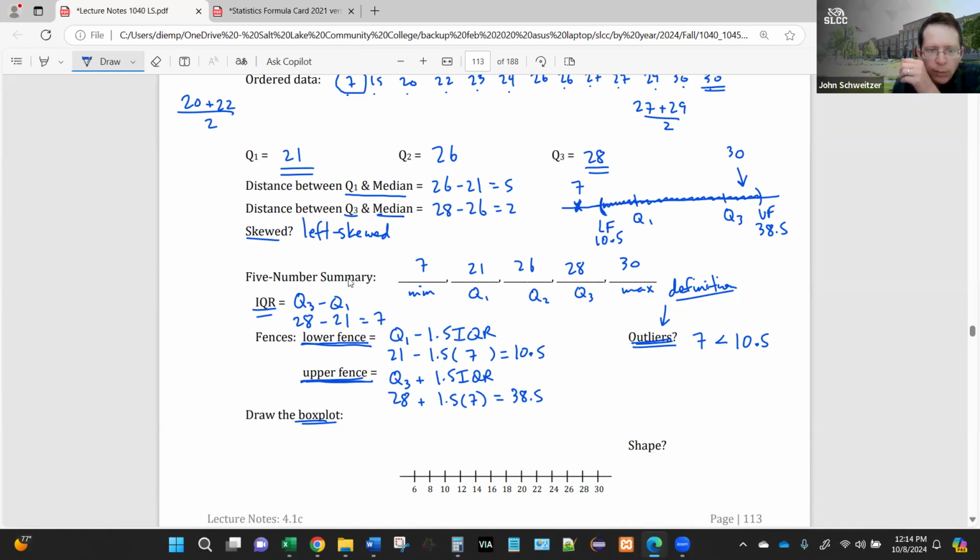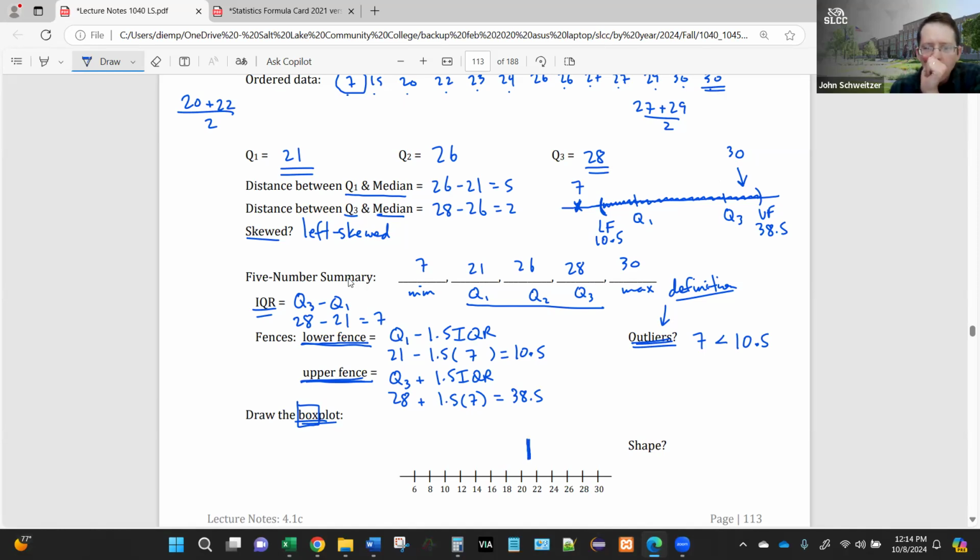Okay, so how do we draw the box plot? Well, we start by drawing the box part of the box plot first. So the box part is Q1, Q2, Q3. No matter what happens with the box plot, you can always get that part right. So we're going to go right to 21, and we're going to draw a vertical line above 21. That's the first part of the box.